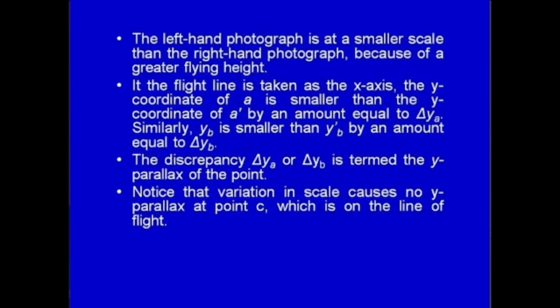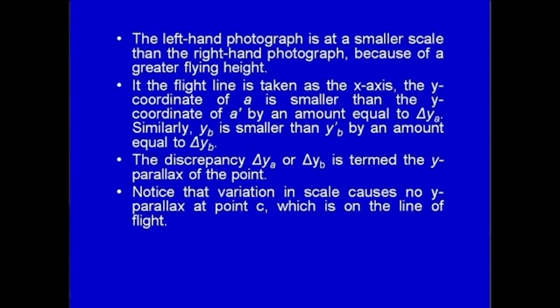If the flight line is taken as the x axis, the y coordinate of A is smaller than the y coordinate of A dash by an amount equal to capital delta Y. Similarly, y b is smaller than y dash b by an amount equal to delta y b.